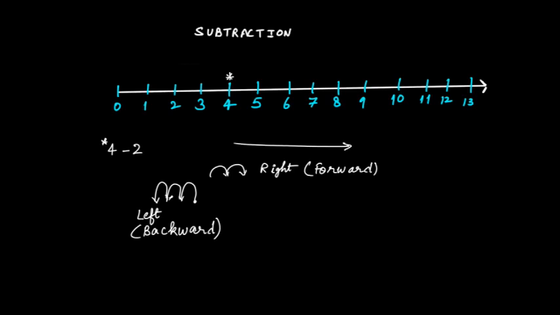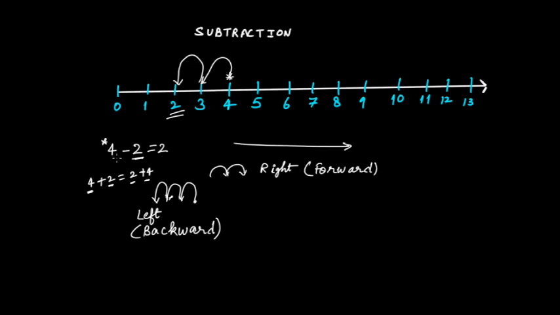Here you can see that this is 4 and this is 2. So take 2 jumps backward. So 1 and 2. Where did you land? You landed at 2. Therefore the answer would be 2. Now remember, as in the case of addition, I told you that 4 plus 2 is equal to 2 plus 4, and therefore you can start either from 4 and take 2 jumps, or start from 2 and take 4 jumps.